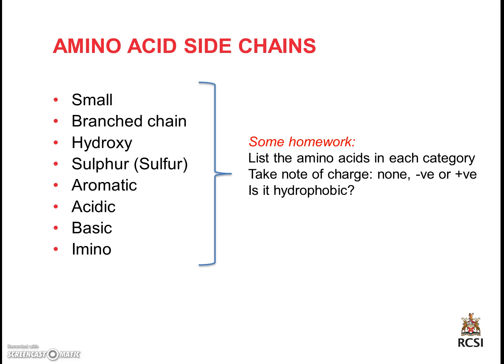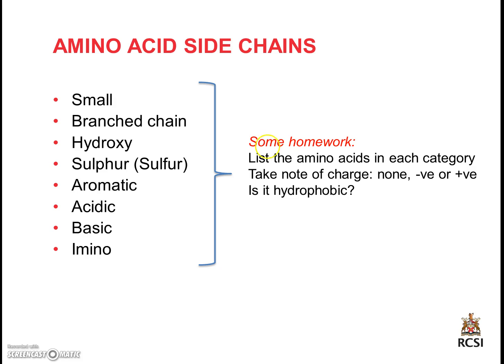Each amino acid has a unique side chain, and we see here on slide 6 that the amino acids can be classified into a number of different descriptions. As part of your homework then, I wish you to take the notes from the lecture and list the amino acids in each category.